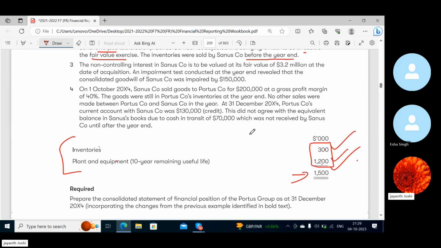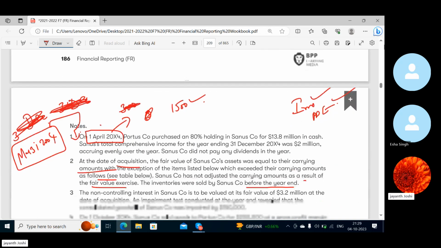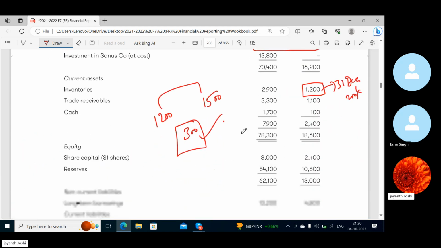What we are seeing is at the end the inventory is 1200, right? Yes. So I even can't say one point. I will explain you here. When I'm saying 1500, really speaking, the inventory value on December 31st 2004 is 1200, correct?